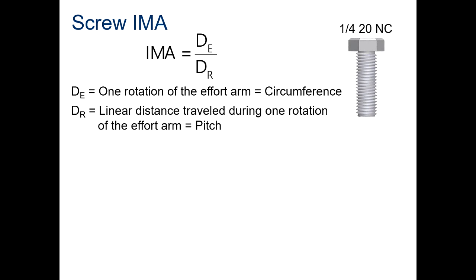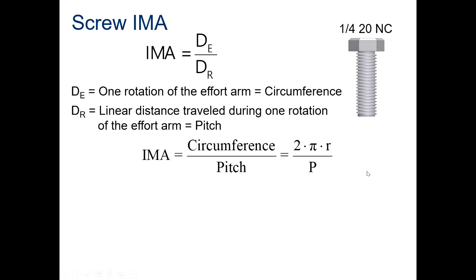And then our resistance is the linear distance traveled during one rotation of the effort arm. And so we're looking at the pitch. We're looking at the pitch of these screws right here. Okay? So the circumference is 2 pi r divided by the pitch.